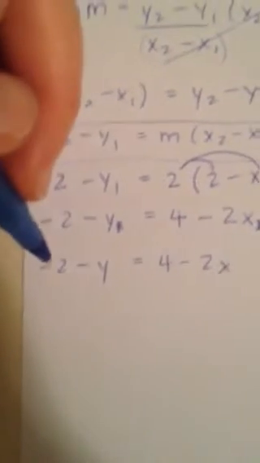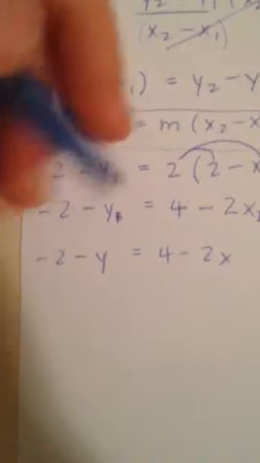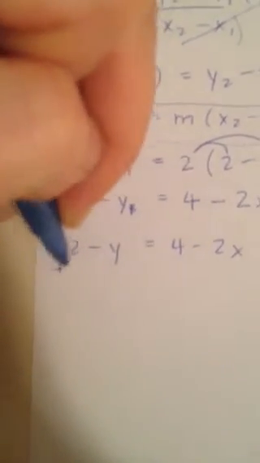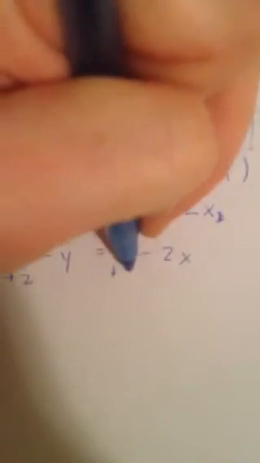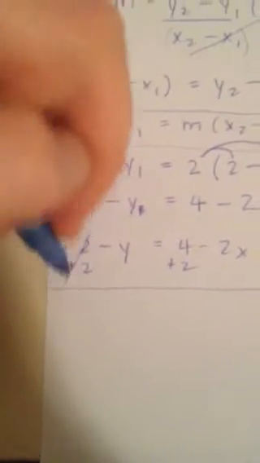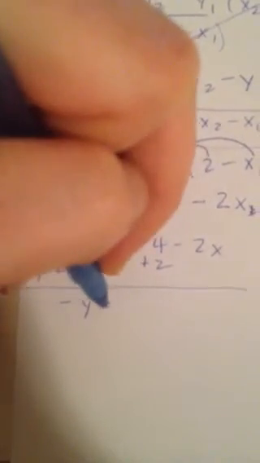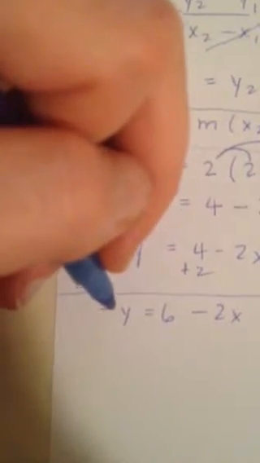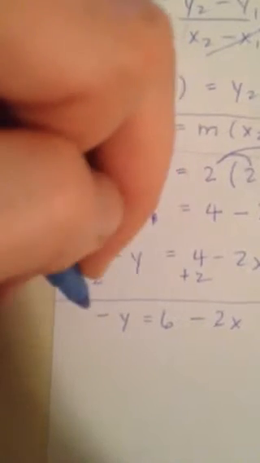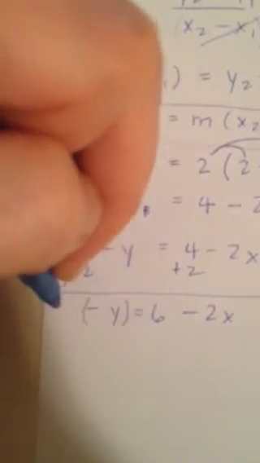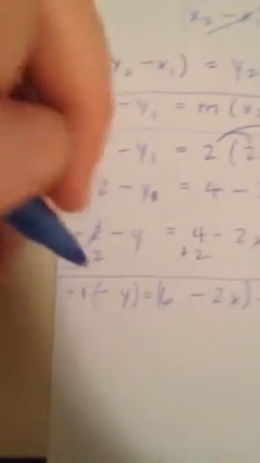Okay, look, it's getting really close to how it's supposed to look. So I'm going to add that to both sides. Now I've got -y equals, add those, and bring the -2x down. Now, there's a negative there. I want it just a plain old y, so I'm going to times both sides by -1, and everything over here by -1.